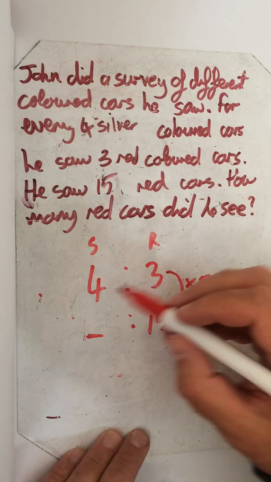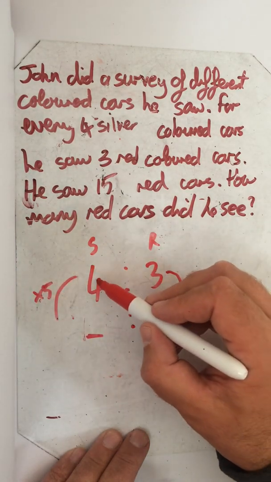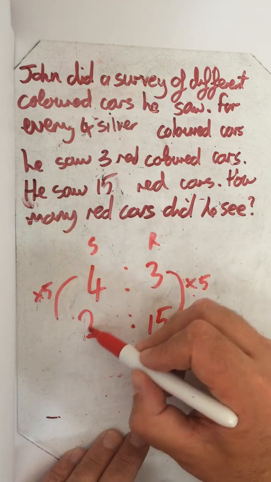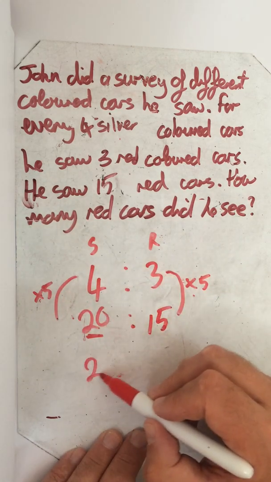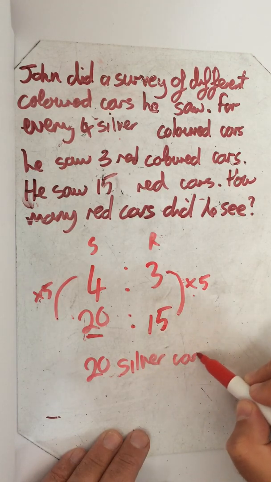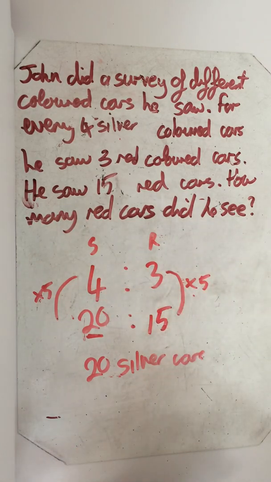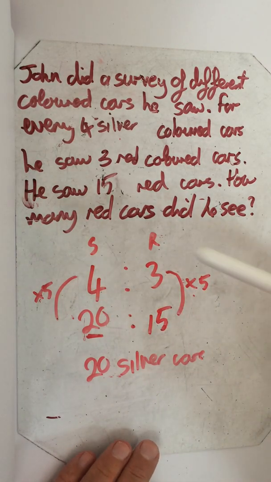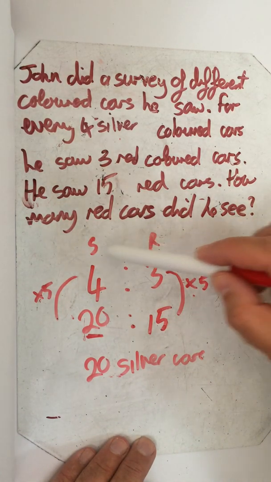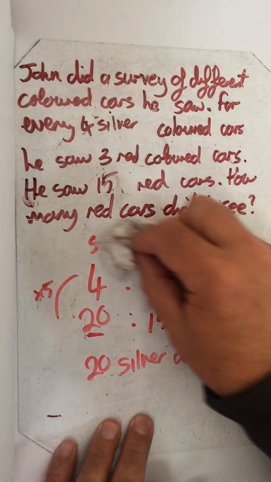If I times this side by 5, I have to do the same on the other. 4 times 5, 20. 20 silver cars. So we're expanding out our ratio. When you come to do your own, write in the ratio, label it, and this is how I want you to set them out.